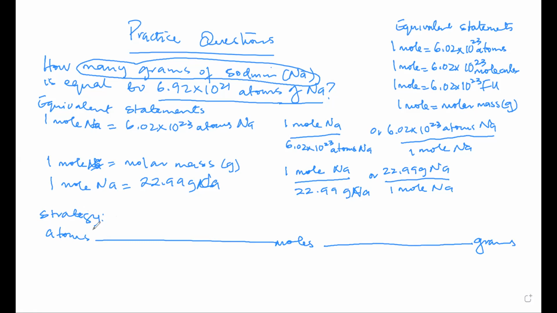So here we are using 1 mole of sodium equal to 6.02 times 10 to 23 atoms of sodium. And here we are using 1 mole of sodium equal to 22.99 grams of sodium. So for the setup, we want to solve for grams.